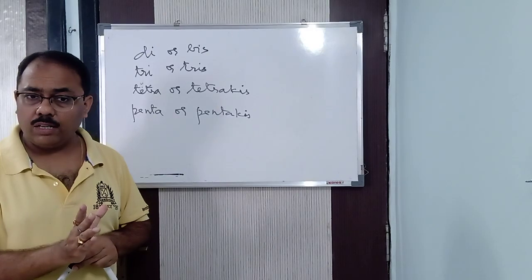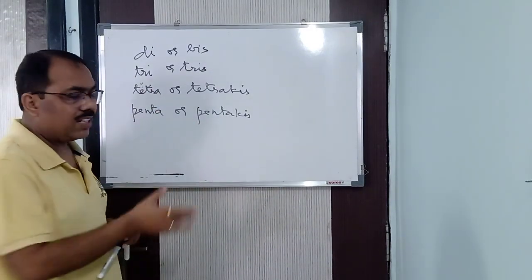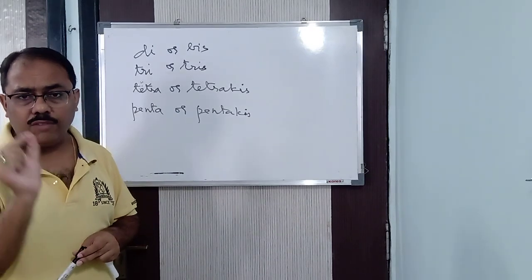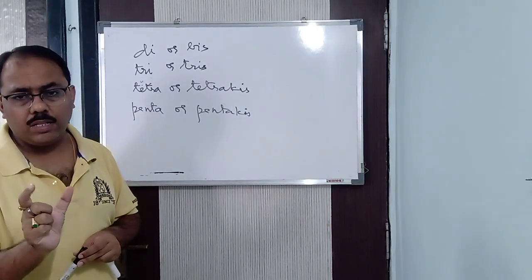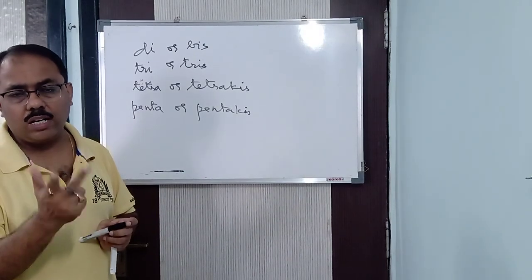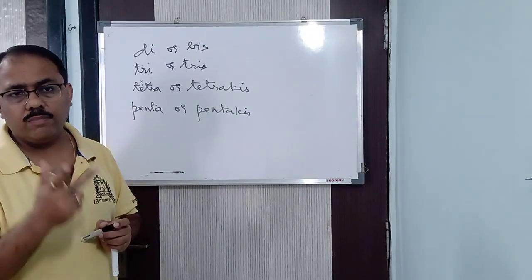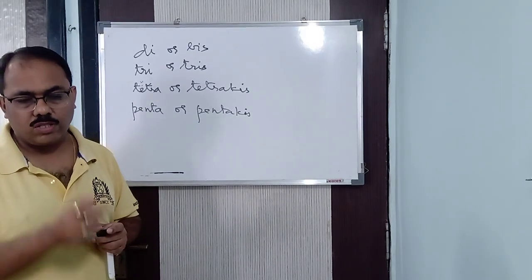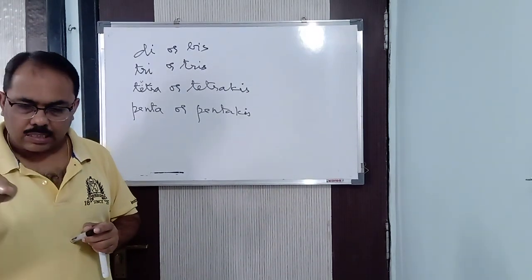Otherwise you have options, but in certain cases you can't. Like in ethylene diamine, the di is already there in the name of the prefix, so if it comes twice you can't use di because the meaning changes. Hence you are supposed to write bis within brackets ethylene diamine.